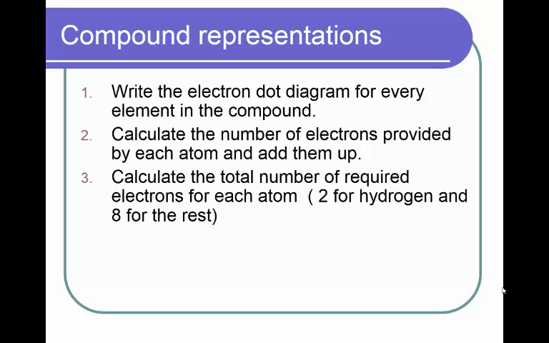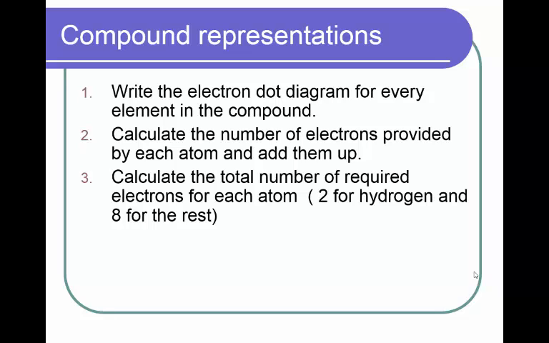Step number 3 is to calculate the total number of required electrons for each atom. At this point, remember that you need 2 electrons to fill the 1s sublevel that hydrogen has, and you need 8 electrons for the rest of the elements, because, as you remember well, elements would like to get the structure of noble gases, gaining 8 electrons in their last shell.